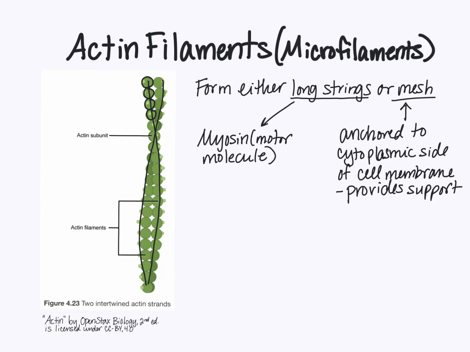So, some examples of movement that is accomplished with actin and myosin working together are things like muscle contractions. Actin and myosin also helps to kind of circulate or move chloroplasts around in plant cells.